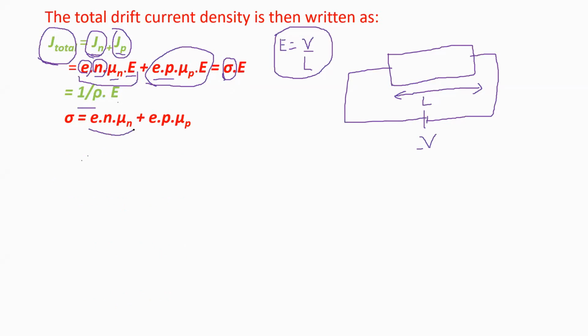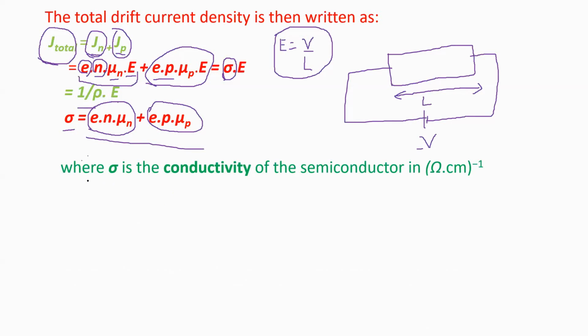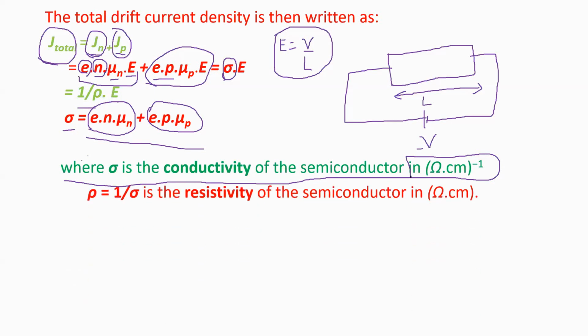Sigma is actually n q mu n plus p q mu p. Adding these two, we replace it with conductivity, and conductivity is the inverse of resistivity. We already derived this in the previous class, but here we are just recapitulating. The unit of conductivity of the semiconductor is ohm per centimeter, or mho per centimeter, and resistivity is ohm centimeter.